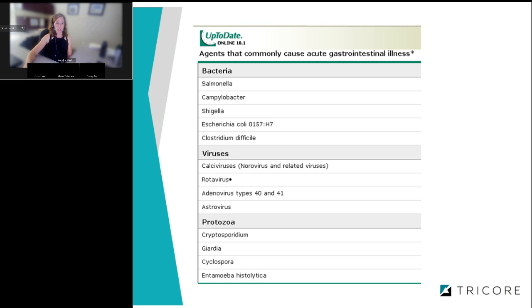Viral diarrhea is caused by caliciviruses, of which norovirus is the most common, rotavirus A, adenovirus types 40 and 41, and astrovirus. The protozoa that primarily cause GI illness here in the U.S. are Cryptosporidium and Giardia. We do have seasonal outbreaks associated with Cyclospora and Entamoeba histolytica.